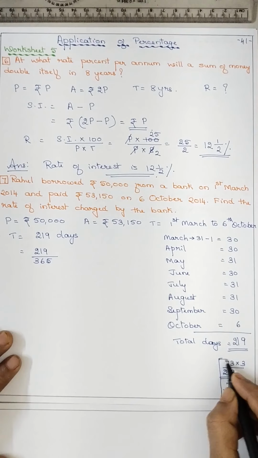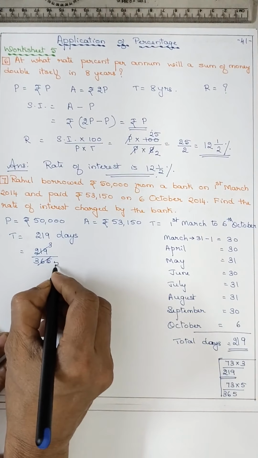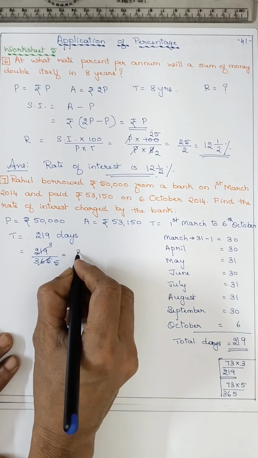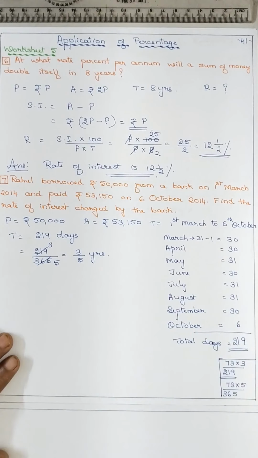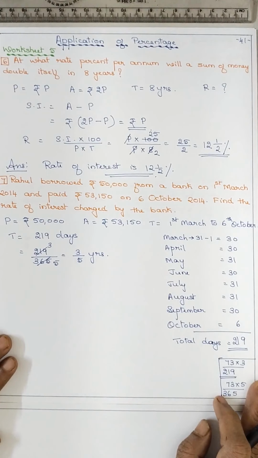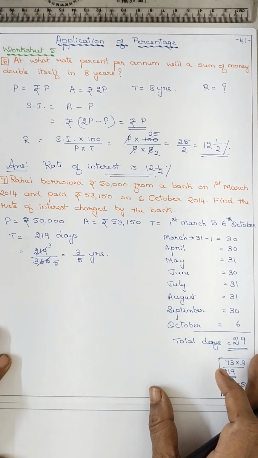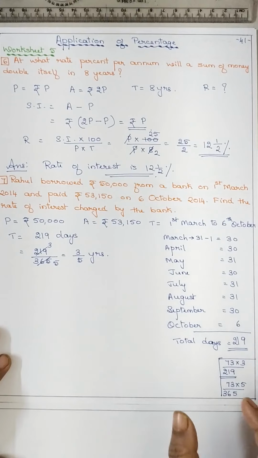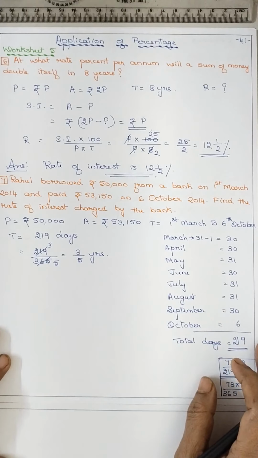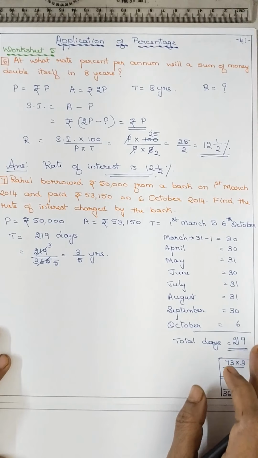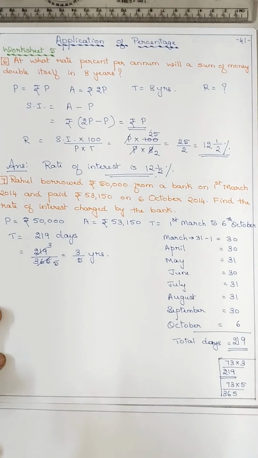That means 3 by 5 years. Understood, right? Whichever dates, March to October, count the number of days, add, then convert into years. Okay, time is also found now.